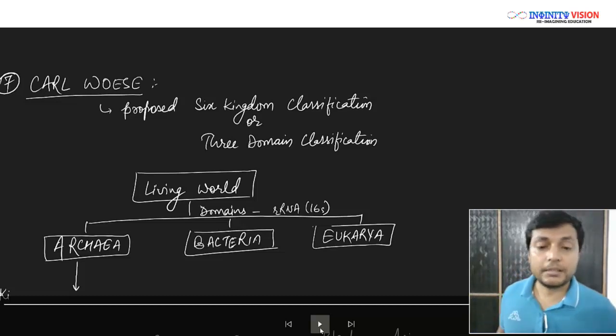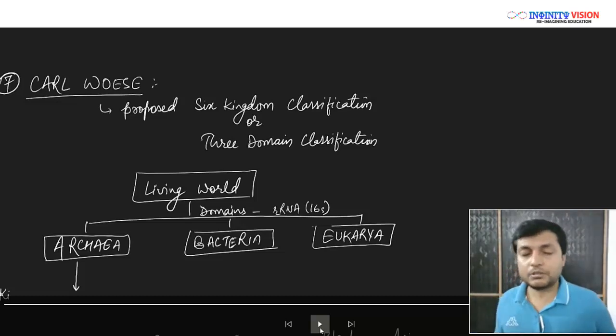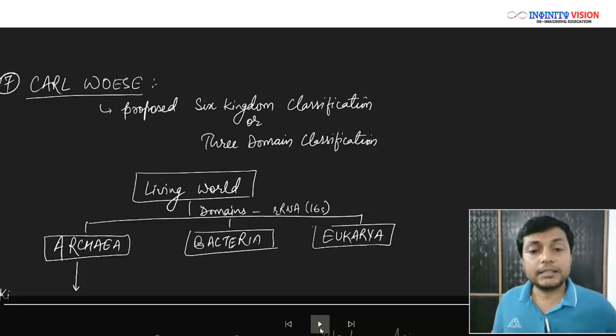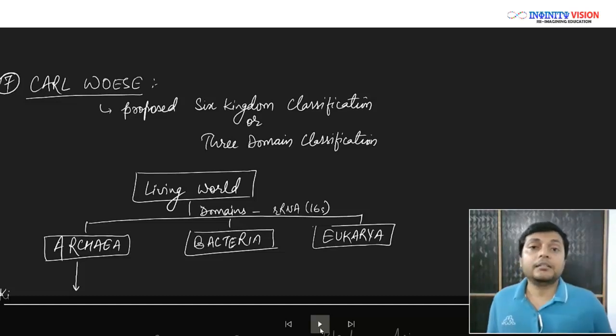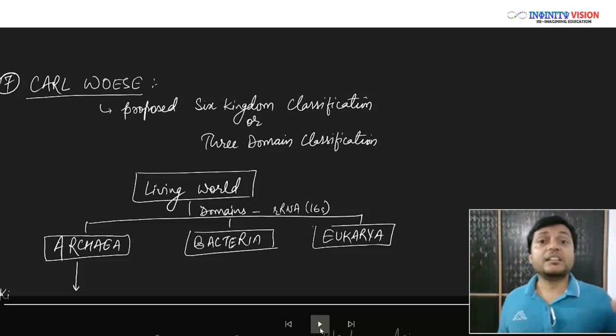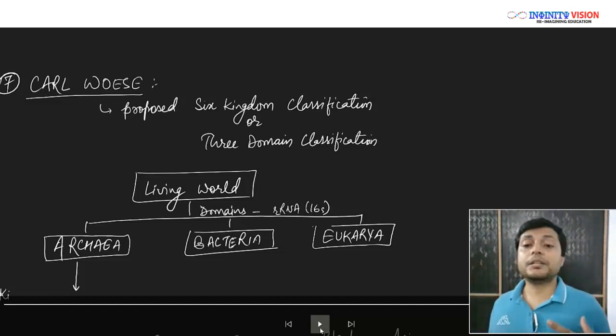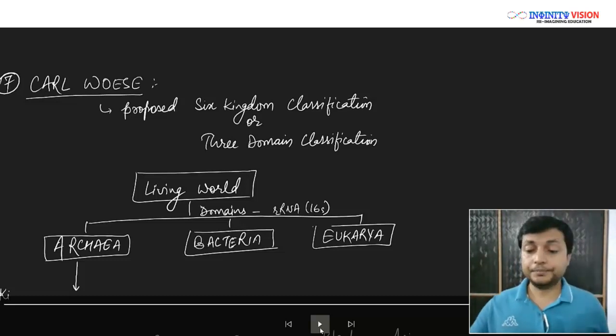The smaller subunit is called 16S, and this ribosomal subunit is made up of RNA and proteins. The RNA which makes ribosomes is called ribosomal RNA, abbreviated as rRNA. On the basis of the rRNA sequence, Carl Woese proposed to classify the entire living world into three domains, that is archaea, bacteria and eukarya.